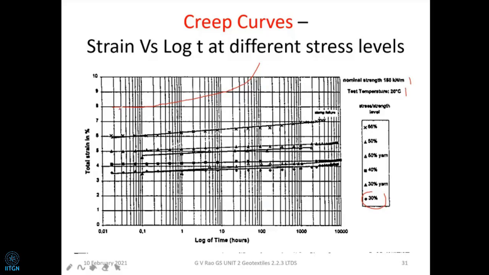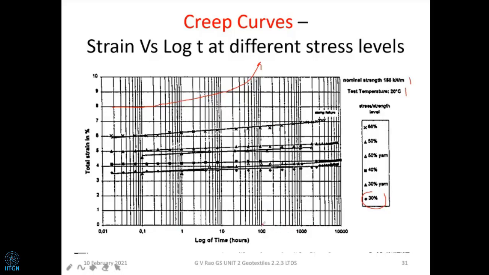Naturally, immediately some tensile strain is there, but beyond that, it's going to be simply collapsing. That is the creep rupture. And this is almost coming to that now. So 66% is here, a steeper line, and at 30%, it is, I don't say flat, but flatter compared to at higher loads actually. So this is log scale now.